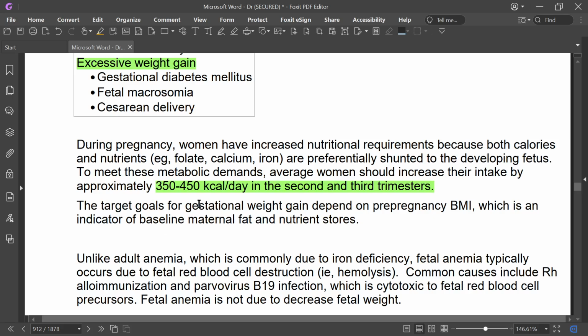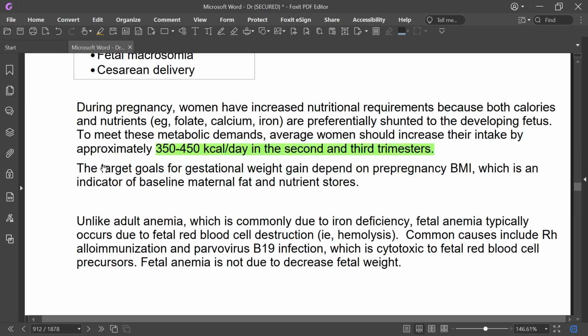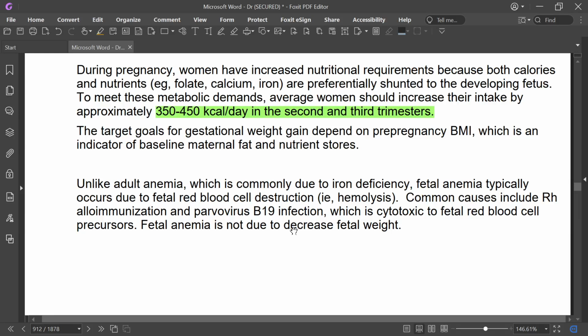The target goals for gestational weight gain depend on pre-pregnancy BMI, which is an indicator of baseline maternal fat and nutritional stores.